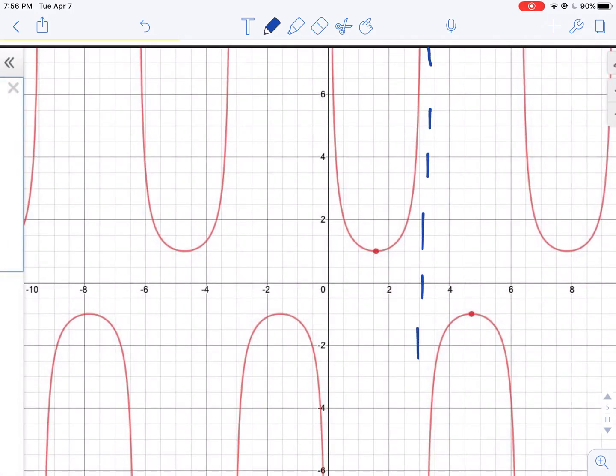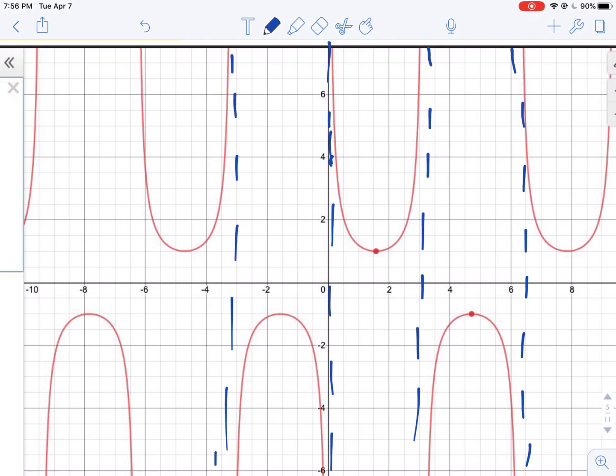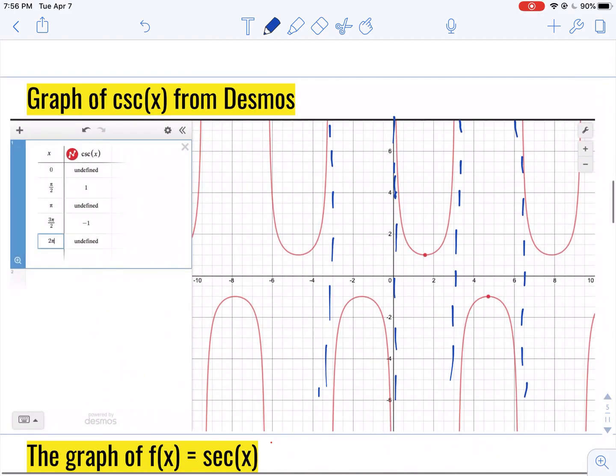It's written on the table, but you can see that between 2 and 4, so right around 3.14, and right after 6, so right around 6.28, we've got vertical asymptotes that exist, and we're going to see that again at 0. We would see that again at -3.14. This is just what the nature of the cosecant graph does.